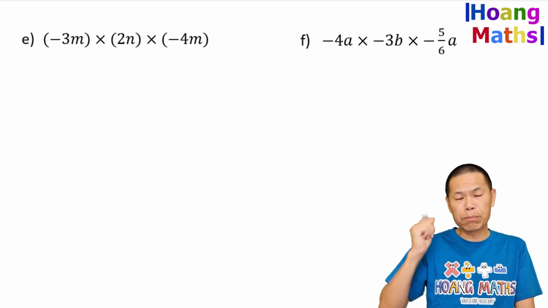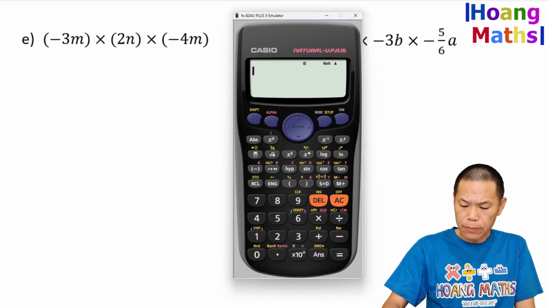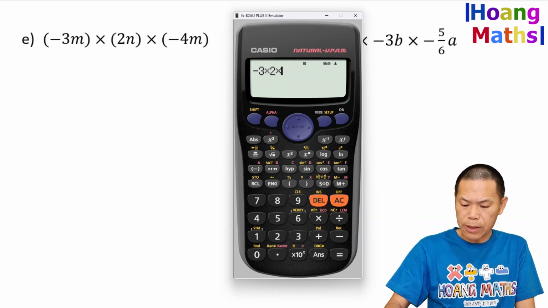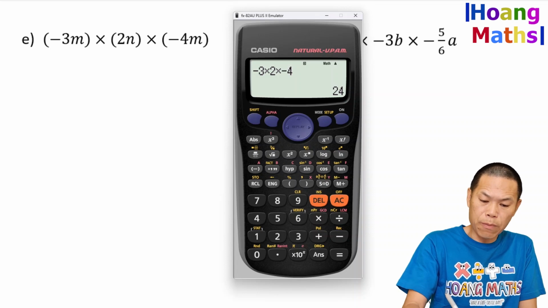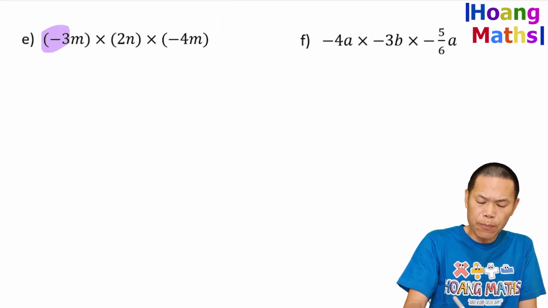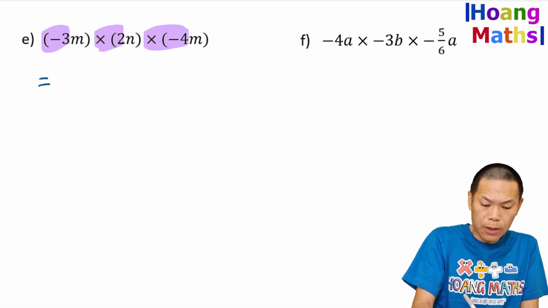Again, we can just use a calculator: -3 times 2 times -4. See, 24.